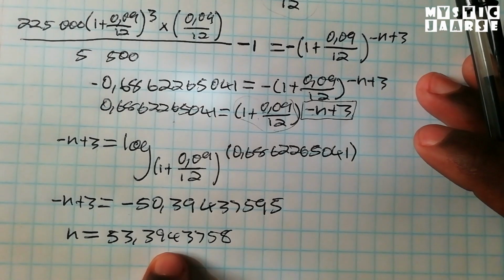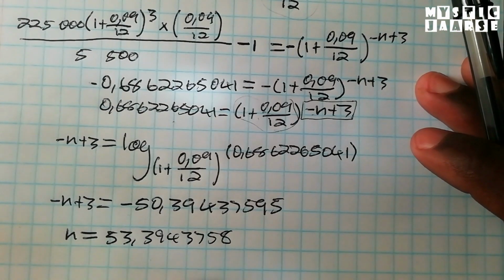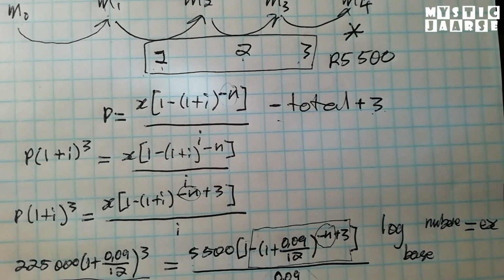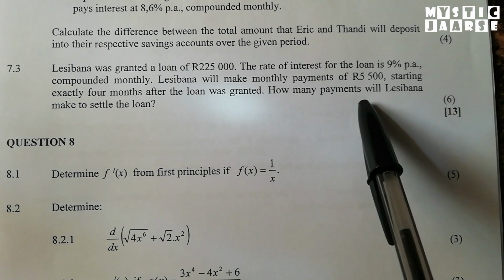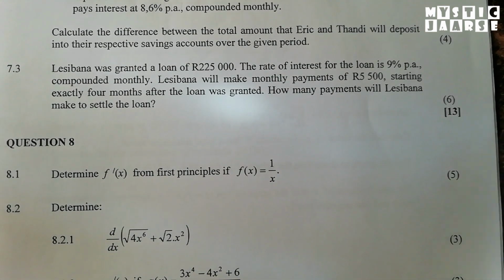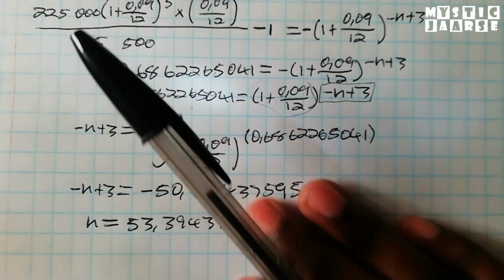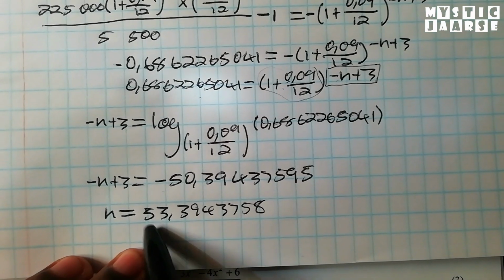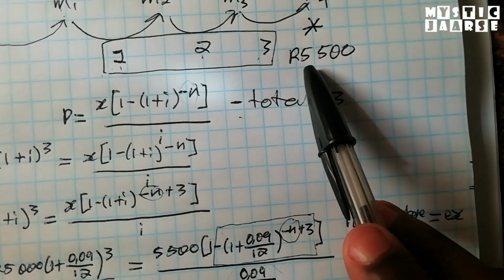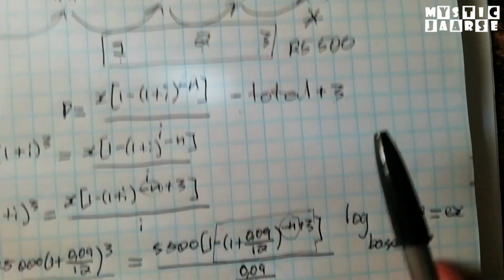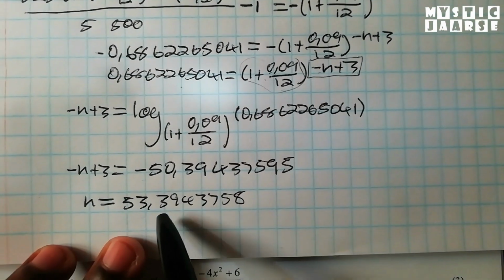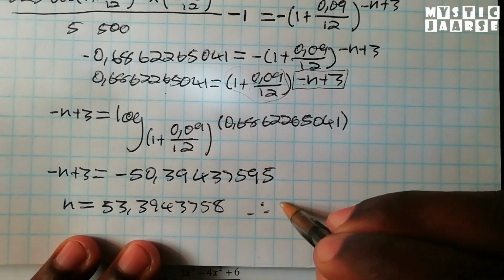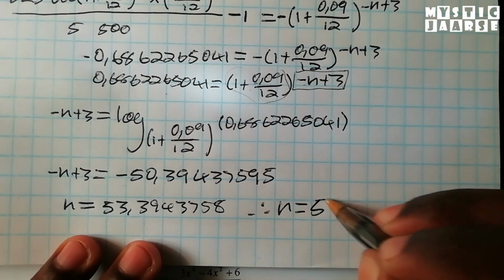And this decimal represents the last amount that Lesibane will pay, which is less than 5,500 rands. The question said, how many payments will Lesibane make? So this is all the total payment, number of payments that Lesibane will make. So Lesibane will make 53 payments of 5,500 rands plus one extra payment that is represented by this decimal. So therefore n is equal to 54.